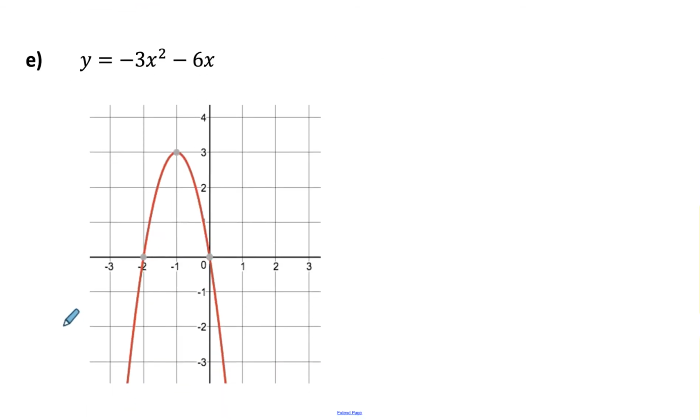Part E, our last one. So this one, I can tell from the equation and the graph that once again this even degree function is not an even function. It's neither an even nor odd function. I can tell from the equation because there's an even degree term and an odd degree term.